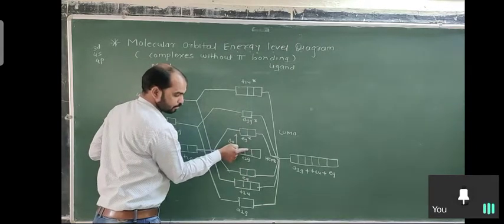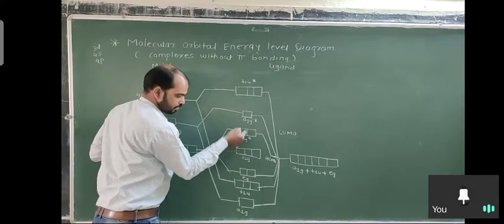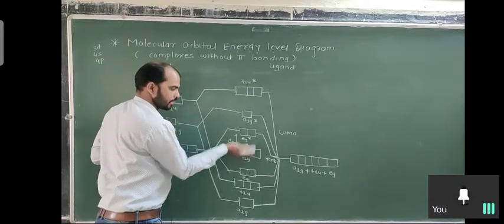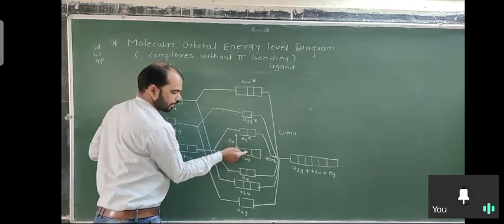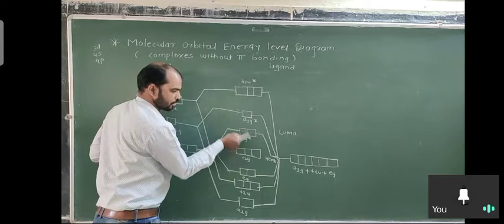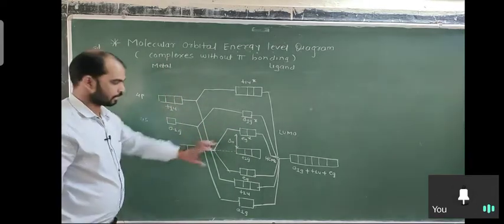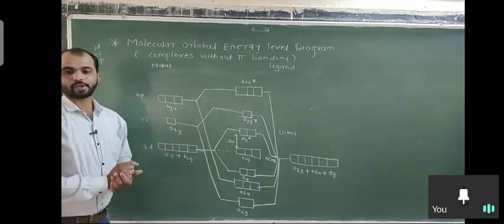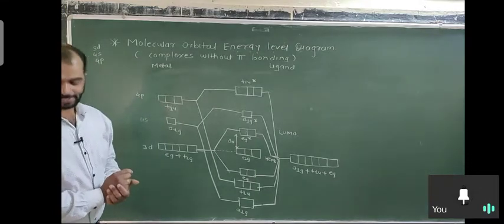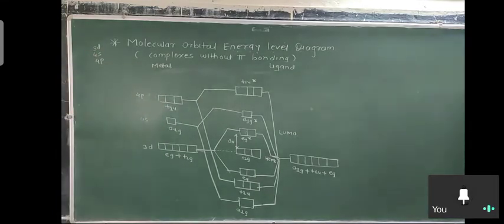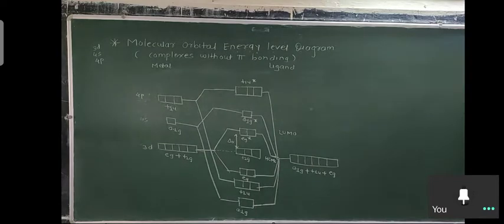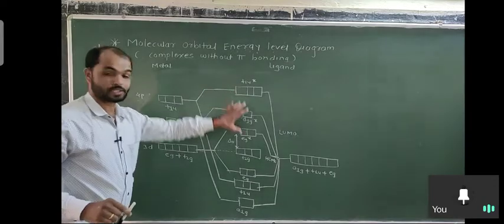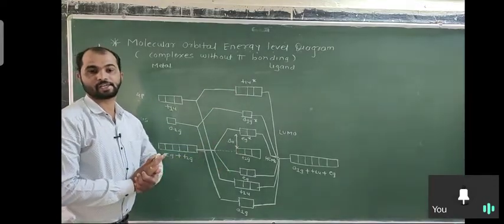The energy difference between this T2g and Eg is the delta. When a spectrum is observed, the electron is promoted from this to this, or this to this. We are going to discuss it in detail. So this is all about the molecular orbital energy level diagram.